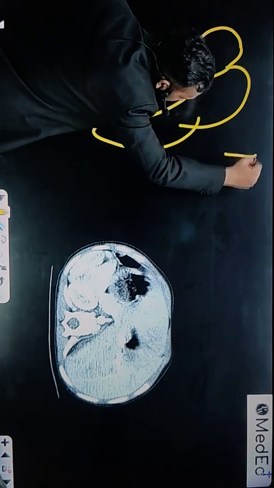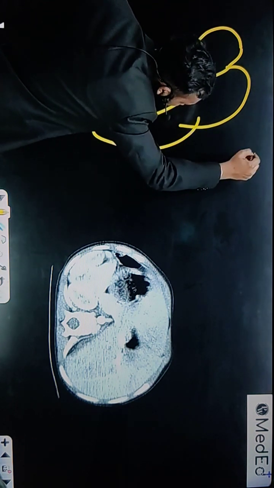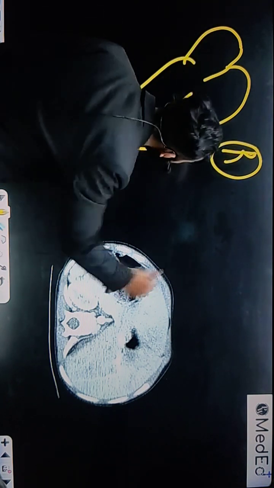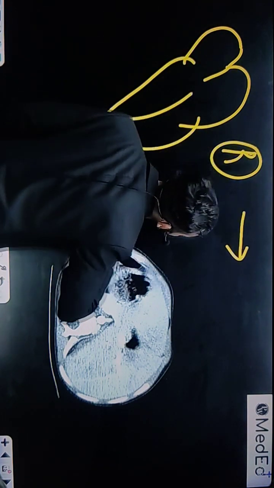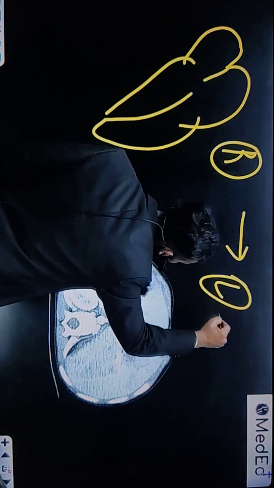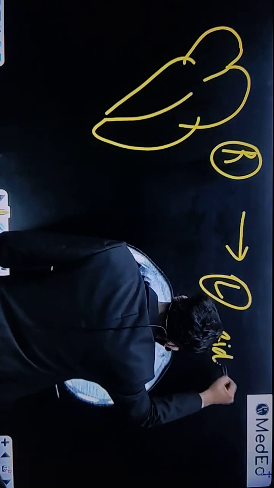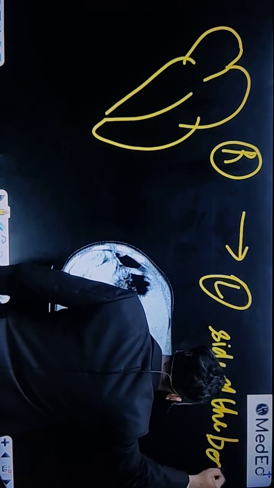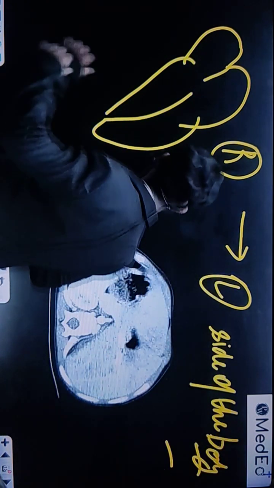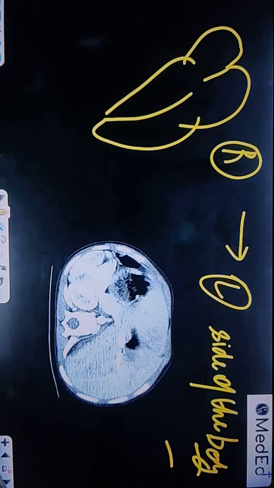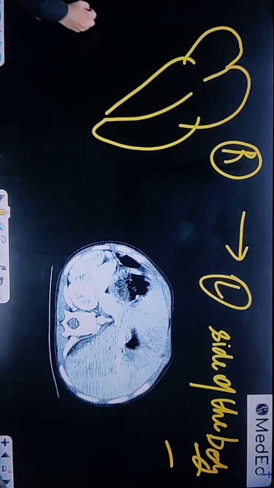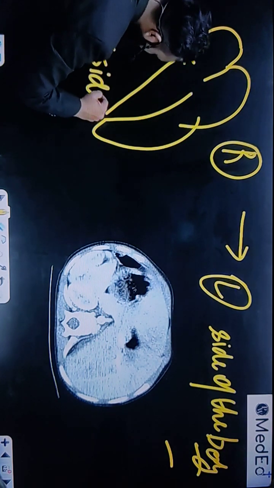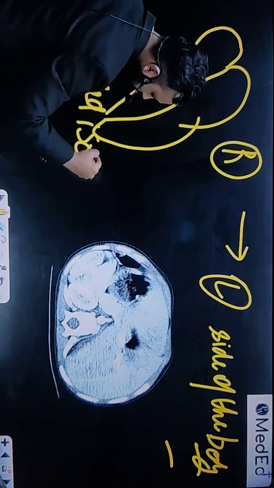The structures on the right side are going to form a mirror image of the structures on the left side of the body. So guys, this condition is known as left-sided isomerism.